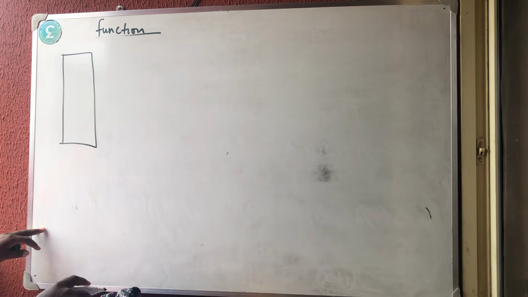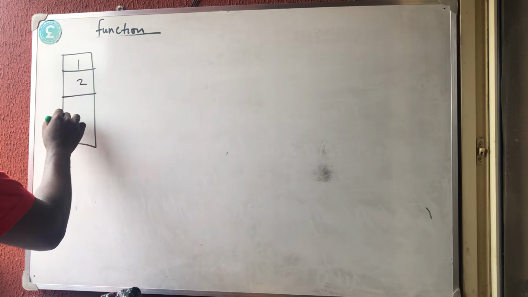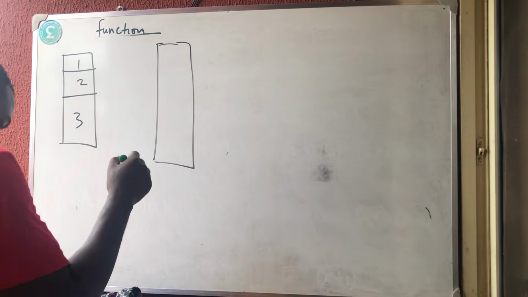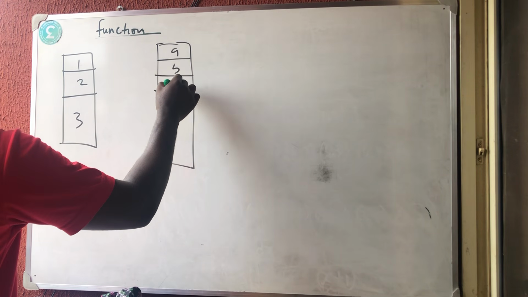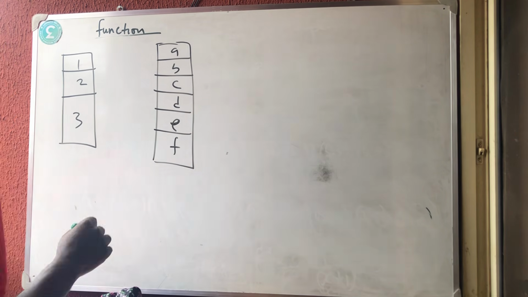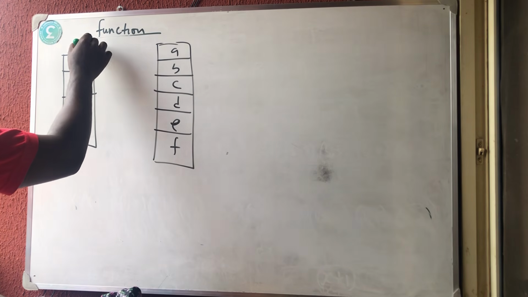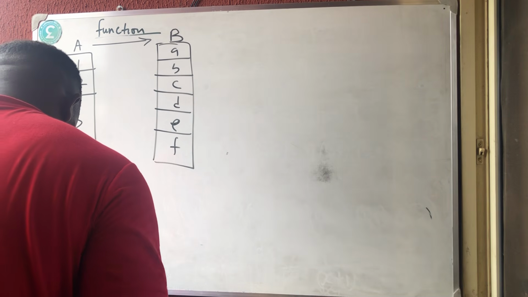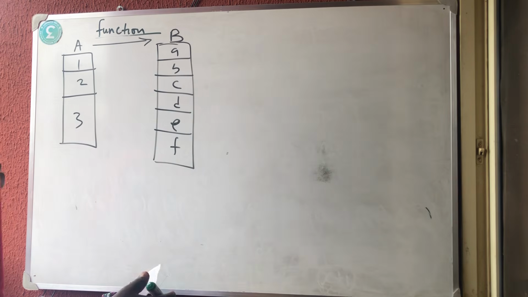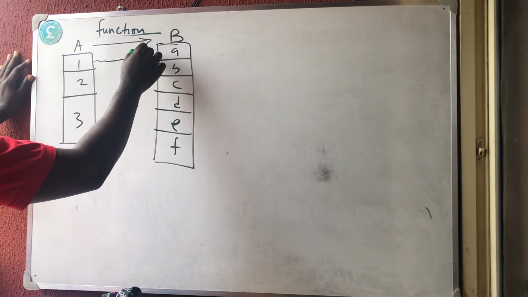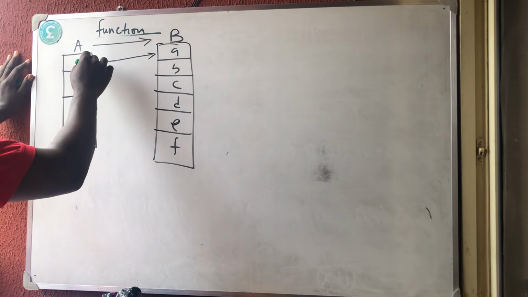So maybe I'm having this. I'm having 1, 2, and 3. Then here I'm having A, B, C, D, E, and F. Okay, so I have that A relates to what? To B, and they now draw that A relates to this, and the same one relates to this.